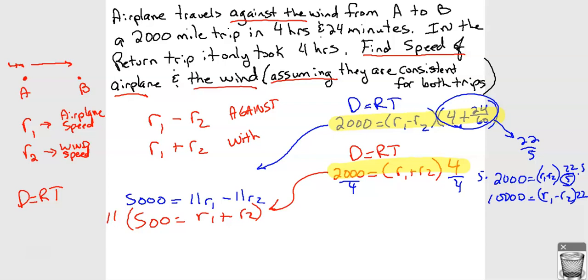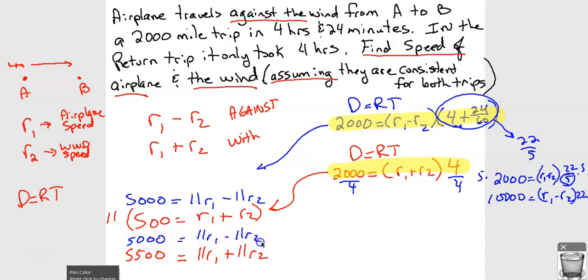And that way you have 11R1 plus 11R2 equals 5,500. The blue one is still 5,000. And then you can see that the R2s are going to cross out in the system of equations.